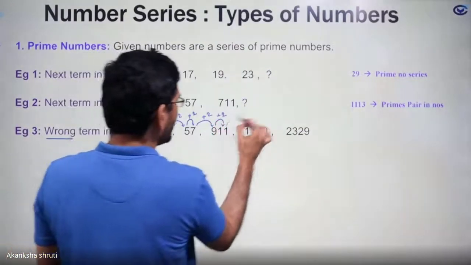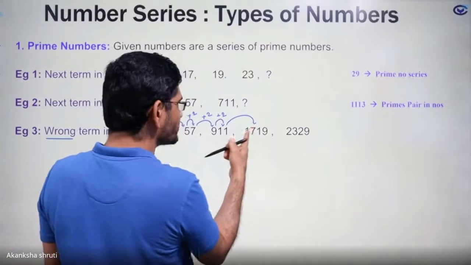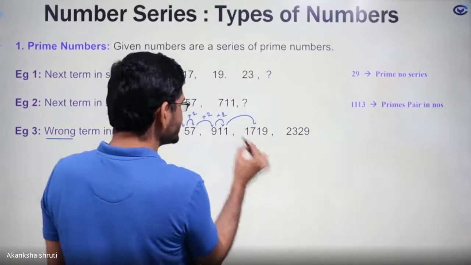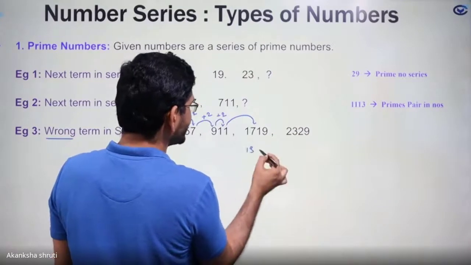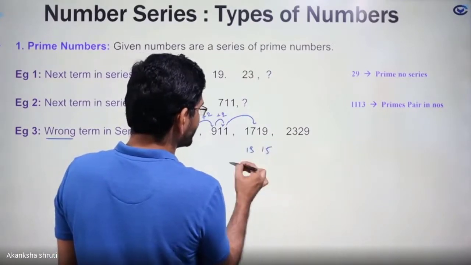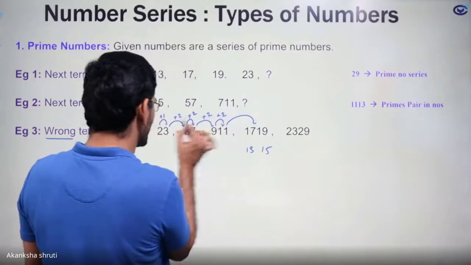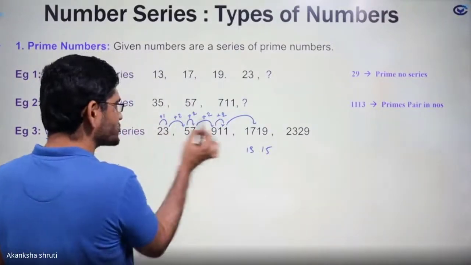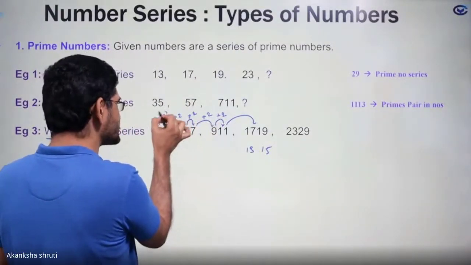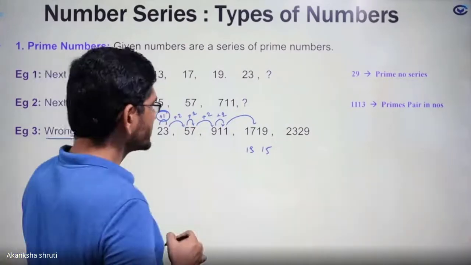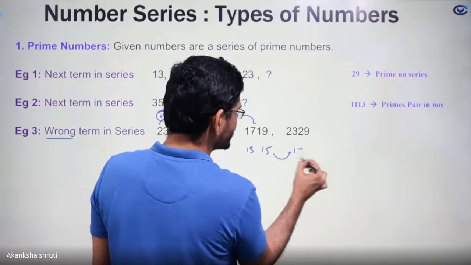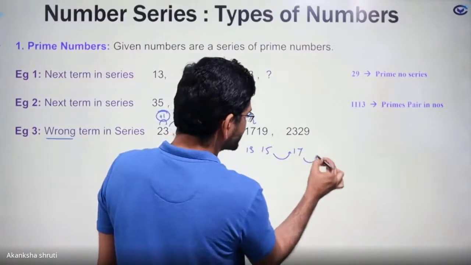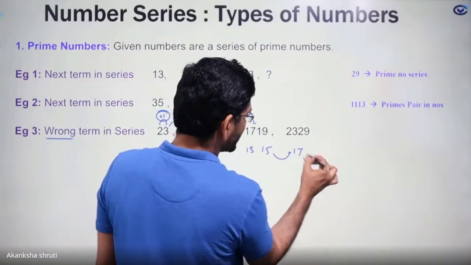Then 11, here we are getting, it is not following this. Otherwise, it should be 9 plus 2, it should be 13. And 13 plus 2, it should be 15. If this rule were followed. But here we are observing that among this rule itself, this one was not followed. Then after this 15, it should be 17. And the next 2, it should be 19.